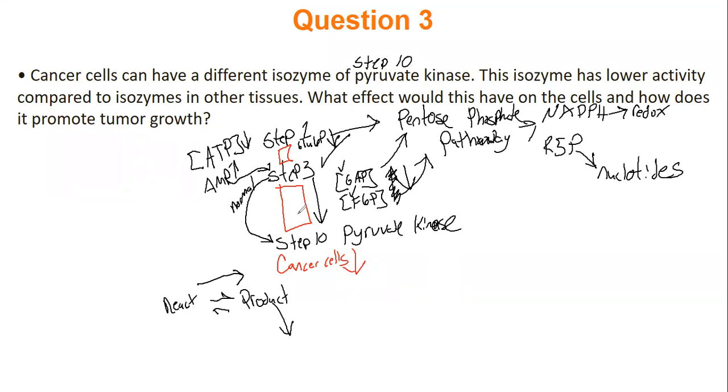to make more stuff. And also because you are using these metabolites for different things, the cancer cell is going to need more and more glucose to both make energy through glycolysis and make new molecules through the pentose phosphate pathway.